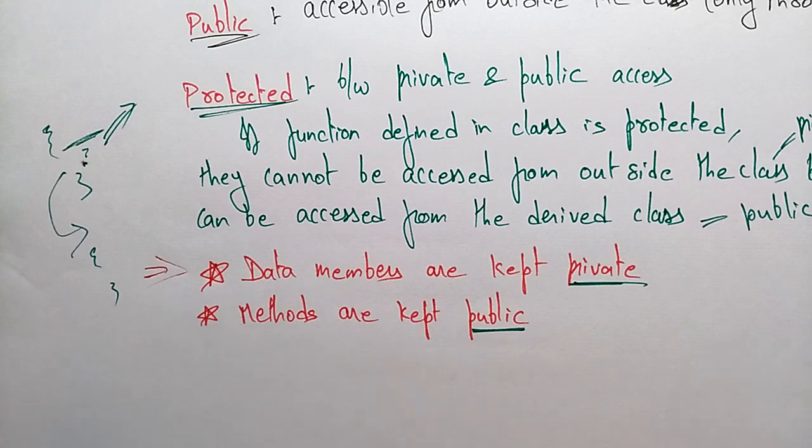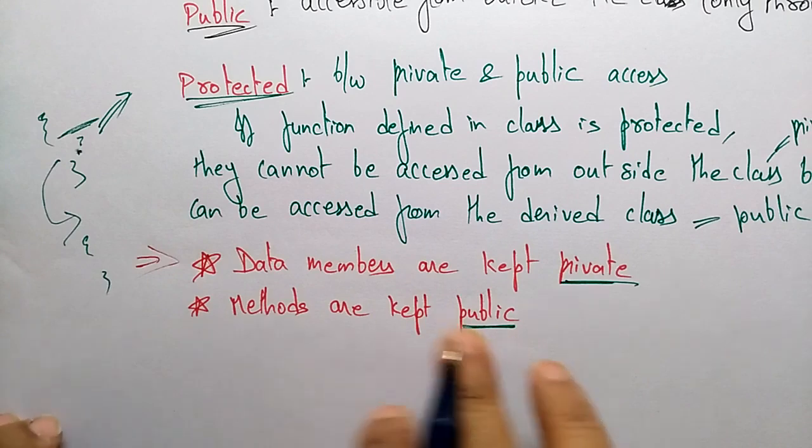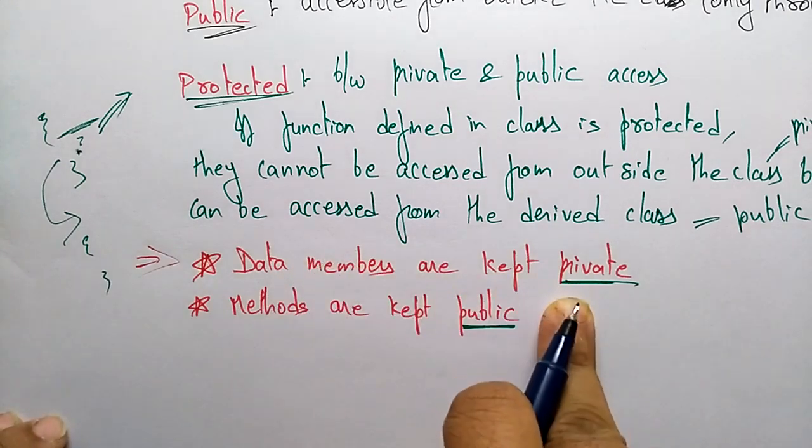If you declare the methods as public, those method structures can be useful for different identities. Different people will access those methods but with different data values. The data members should be kept private, because each person has different data members, whereas the method is the same for all. So keep methods public and data members private.